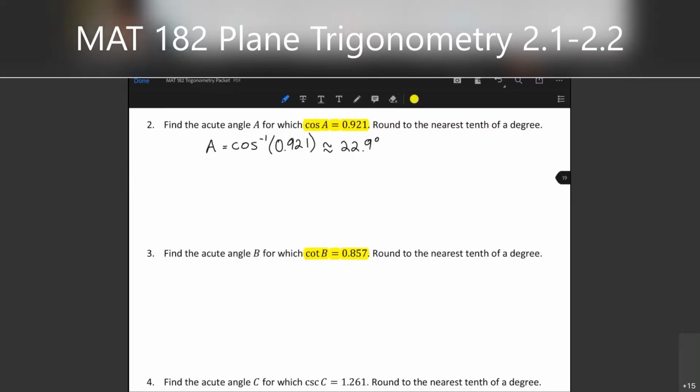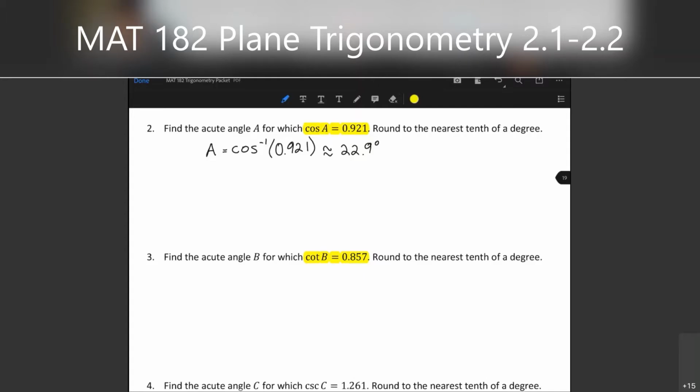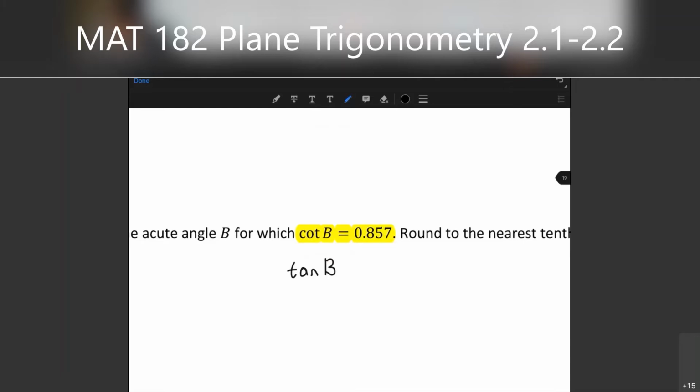So one way we can think about this is if I wanted the tangent of B, I know what I could do with the tangent of B. And these are going to be the reciprocal functions. So if I said the tangent, that's going to be just the reciprocal of the cotangent ratio.